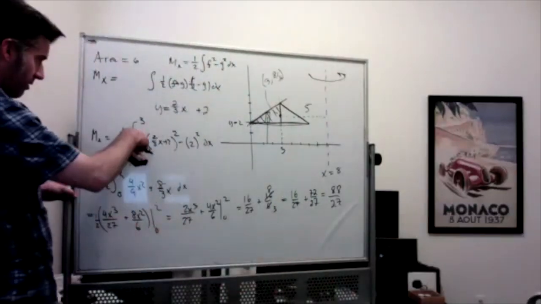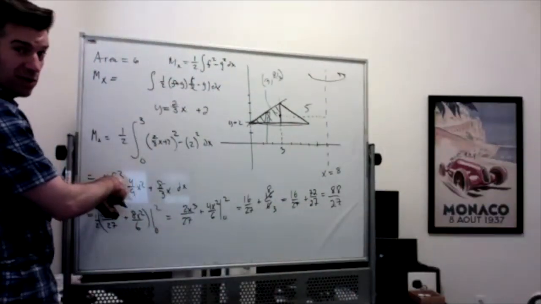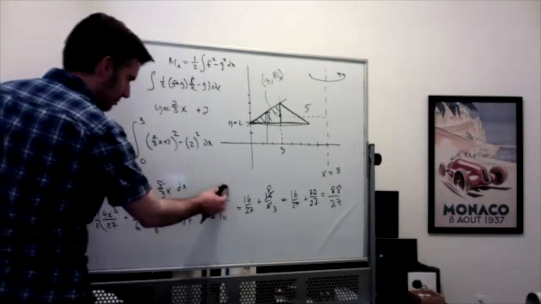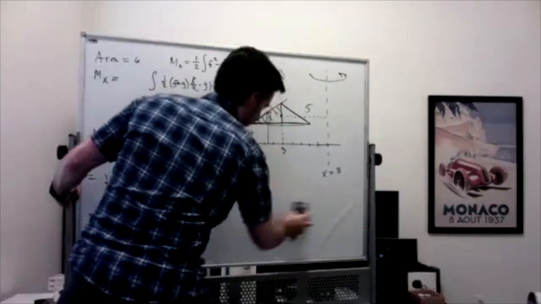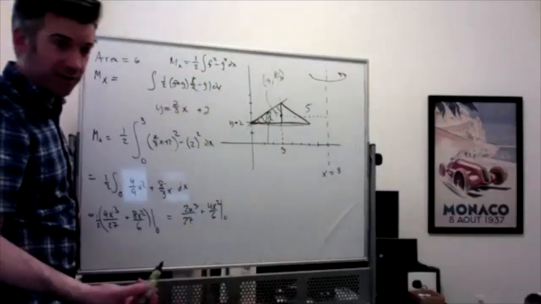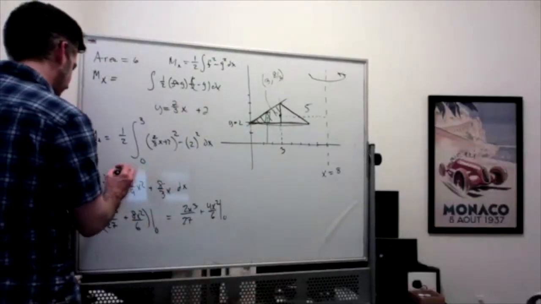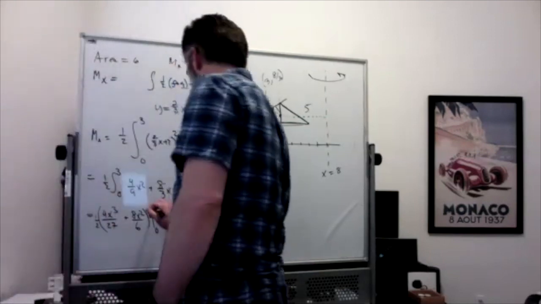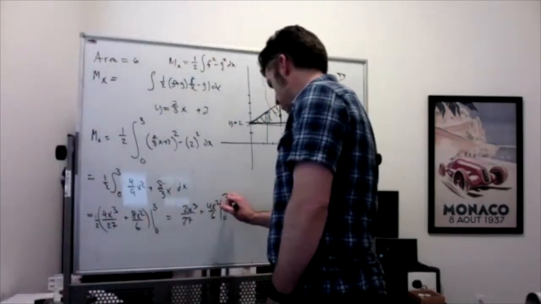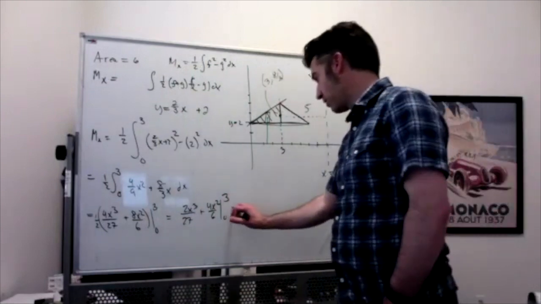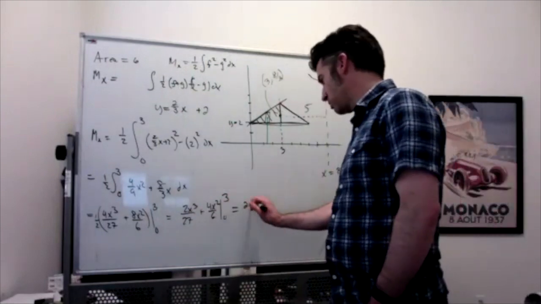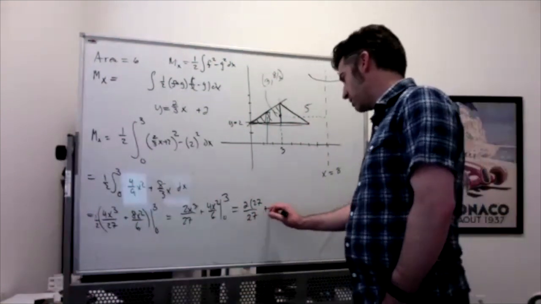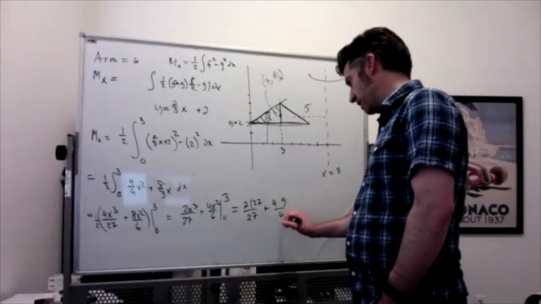I made a mistake. That 3 somehow magically transformed into a 2, which it's not. Okay, there's still a chance it could be right about what this is supposed to be. So this would be 0 to 3, which is actually going to come out much nicer. So now when we plug in 3, we get 2 times 27 over 27, awesome, plus 4 times 9 over 6.